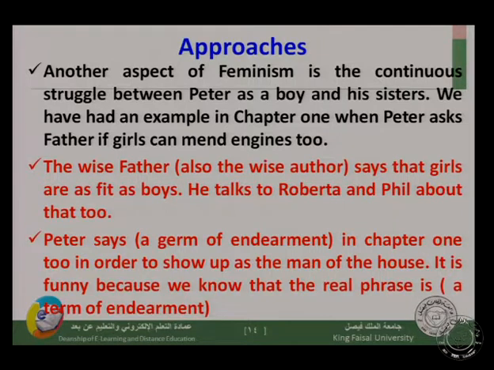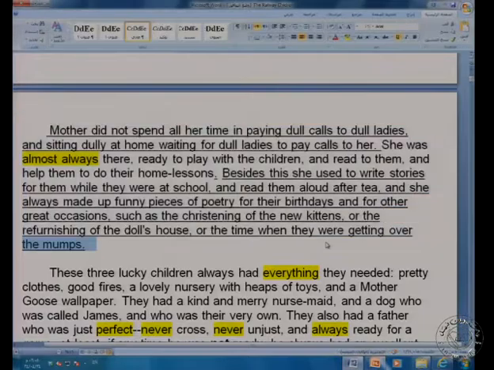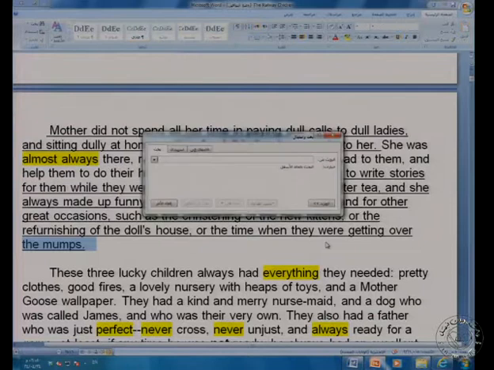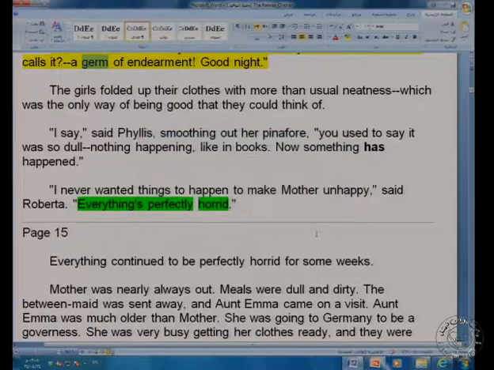A germ of endearment. A germ of endearment, as you can see in the book. A germ, yes, of endearment. That is on page 14.